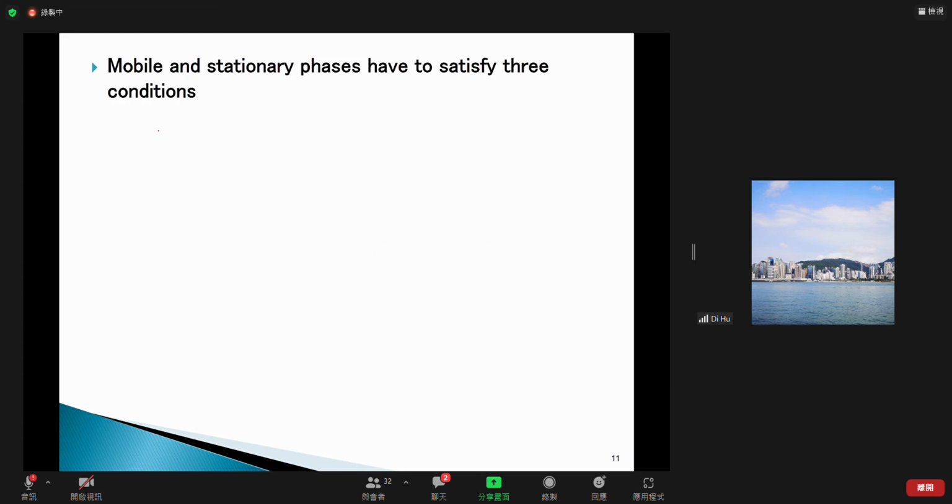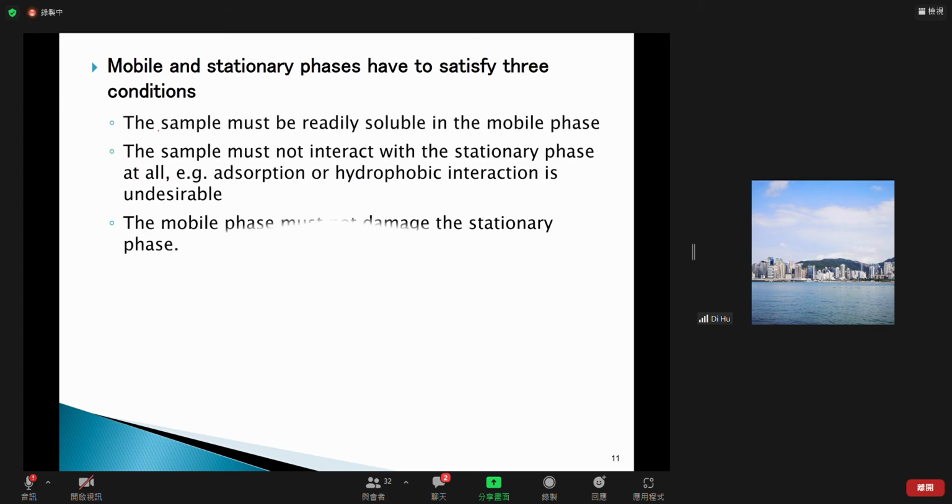So there's something we care about with the mobile phase. The mobile phase and the stationary phase need to satisfy some conditions. Just quickly, the mobile phase requirement is that the sample must be completely soluble in the mobile phase.